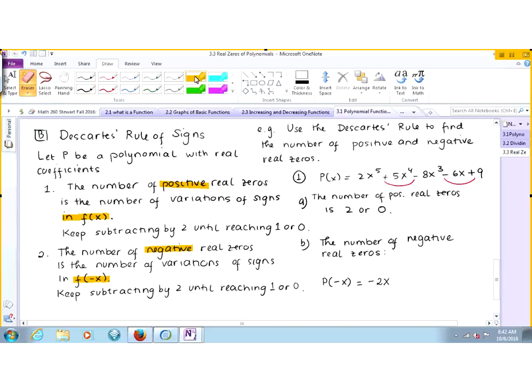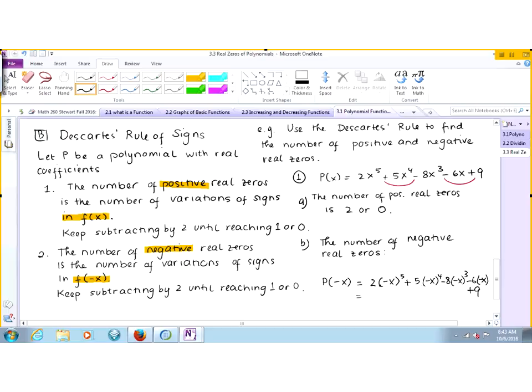Basically what we just did was 2 times negative x to the 5th, plus 5 times negative x to the 4th, minus 8 times negative x cubed, minus 6 times negative x, plus 9. Right? Okay.